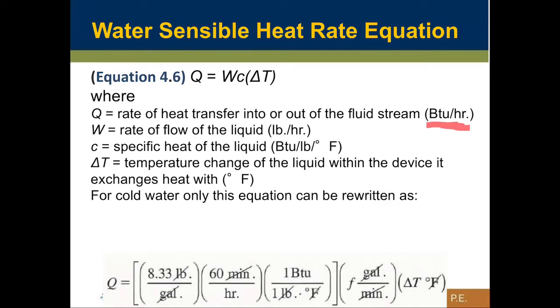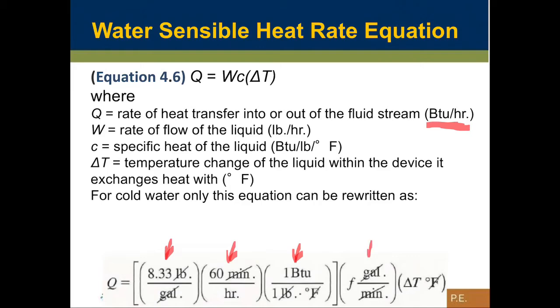So I took this BTU per hour equation, and I took that equaling the weight of water at 8.33 pounds per gallon times 60 minutes an hour, which is just a constant, times the specific heat content of water at 1.0. So it's 1 BTU per pound per degree Fahrenheit.